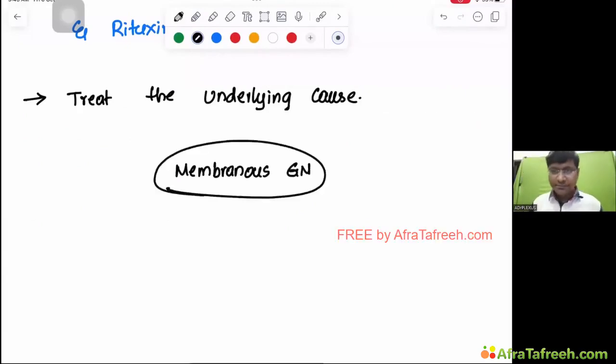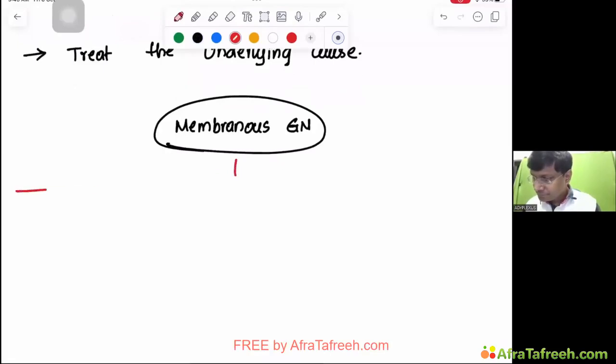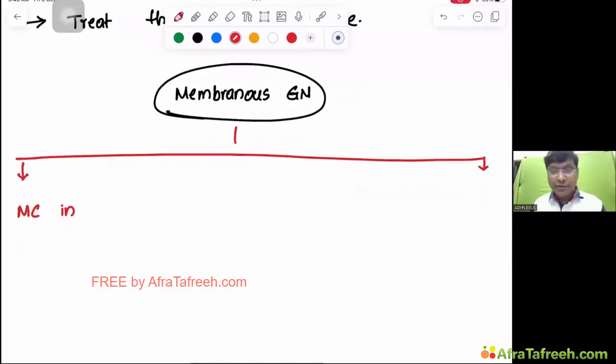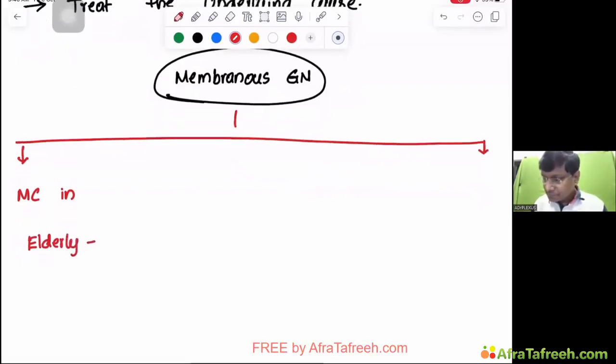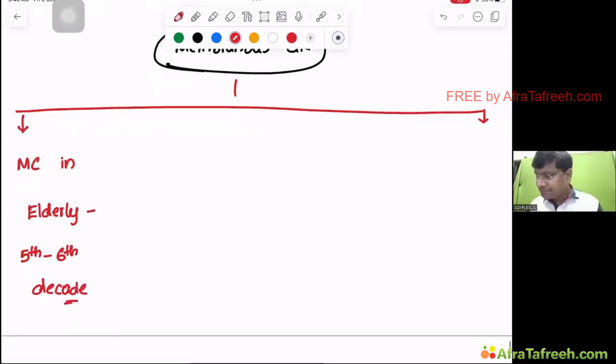It is the most common cause of nephrotic syndrome in elderly individuals of the fifth to sixth decade.